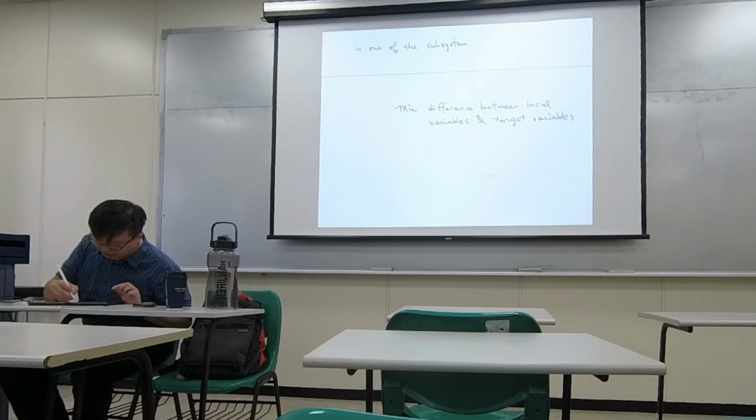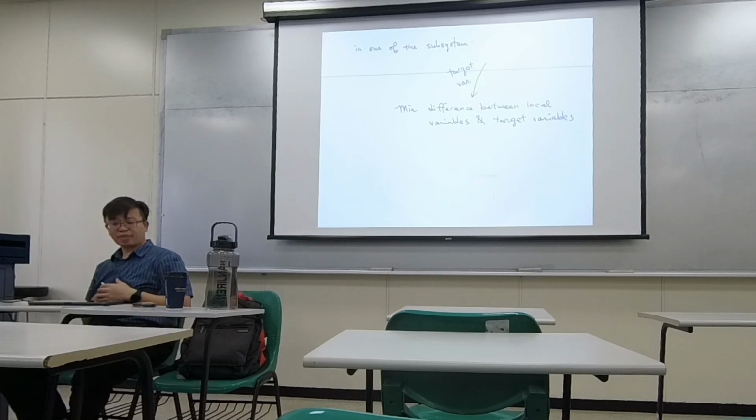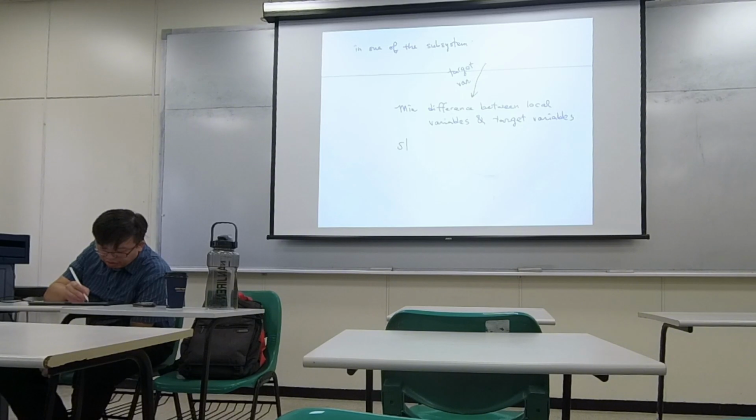So basically the top system will assign target variables. Okay? And meanwhile, in your constraint, you will have your local constraints.